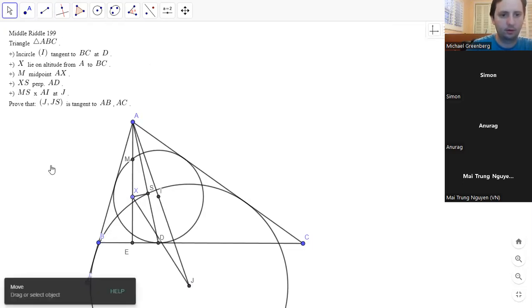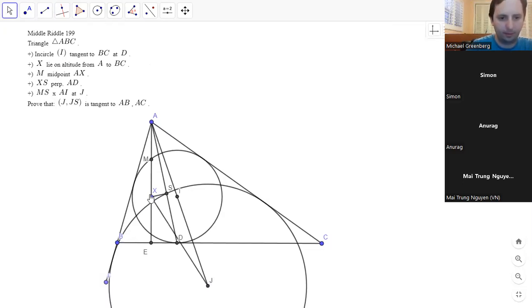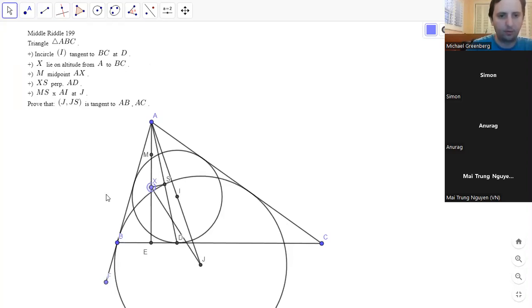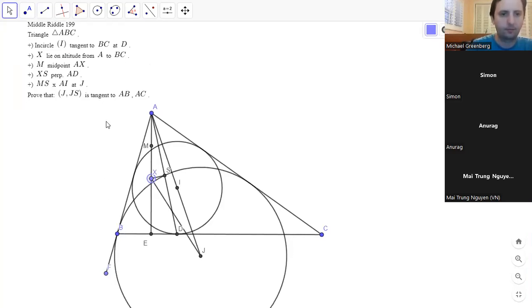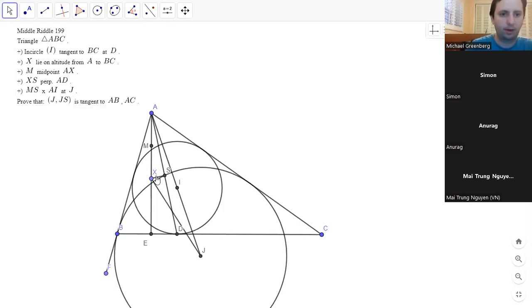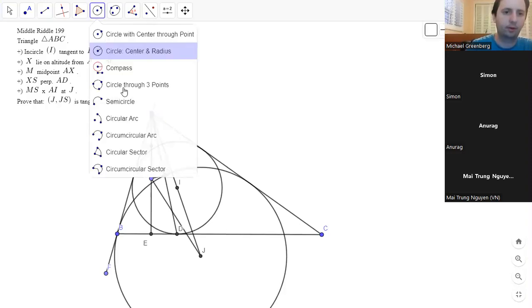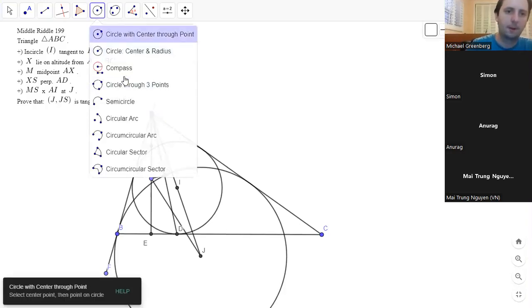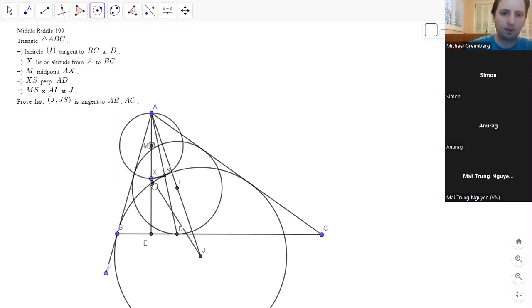All right. And I don't want to make it look like M lies on the circle. I wonder if it's worth, because M is the circumcenter of AXS, maybe it's worth drawing this circle. I don't know if that circle helps, but maybe it does.